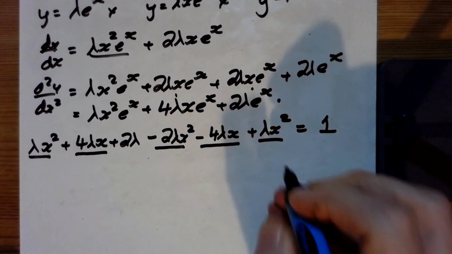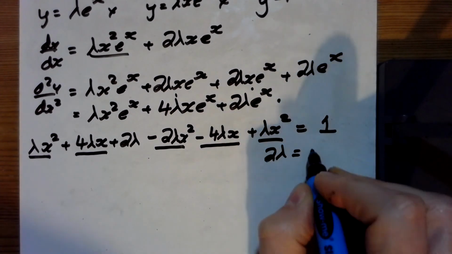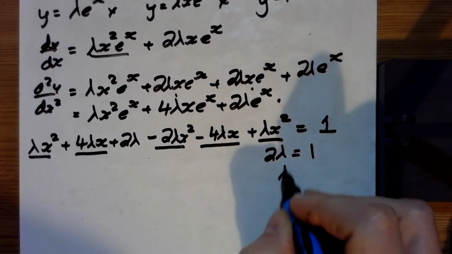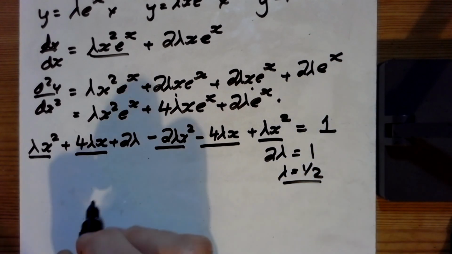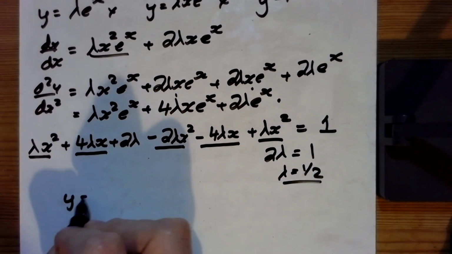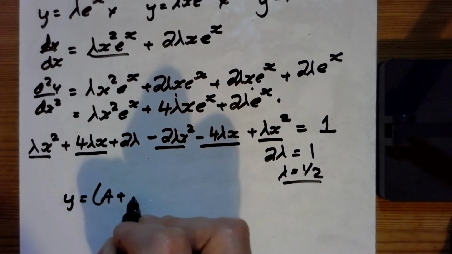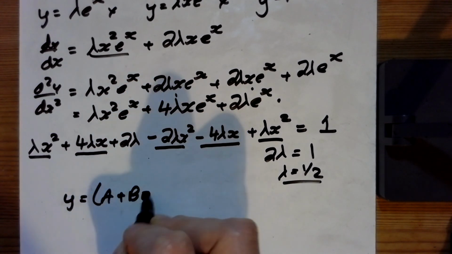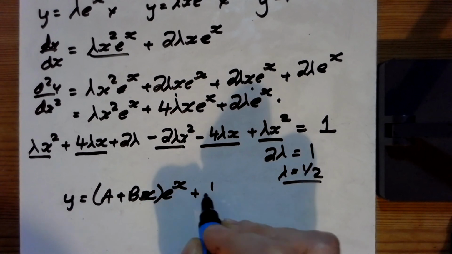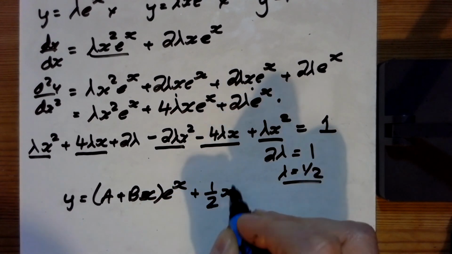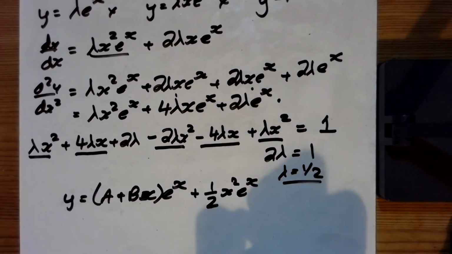That disappears as well. Oh, we don't need the calculator at all because we've just got 2 lambda equals 1, and so lambda equals a half. The answer to the end of the question is that y equals (a plus bx) e to the x plus a half x squared e to the x.